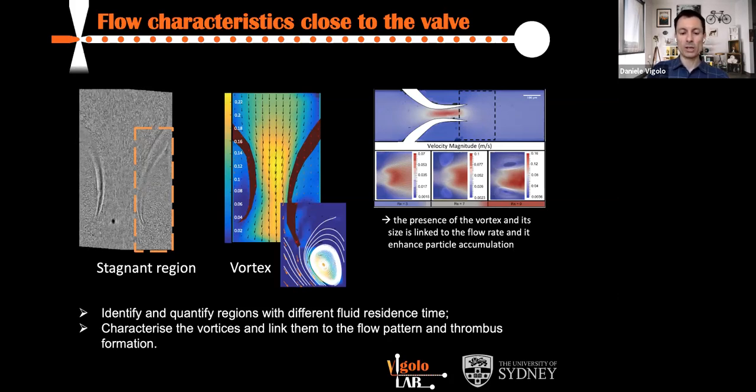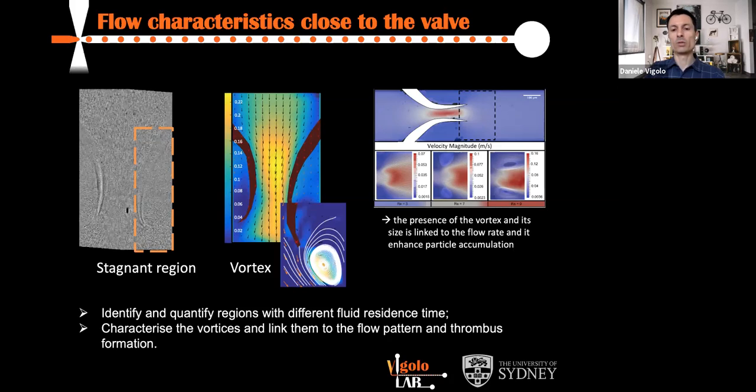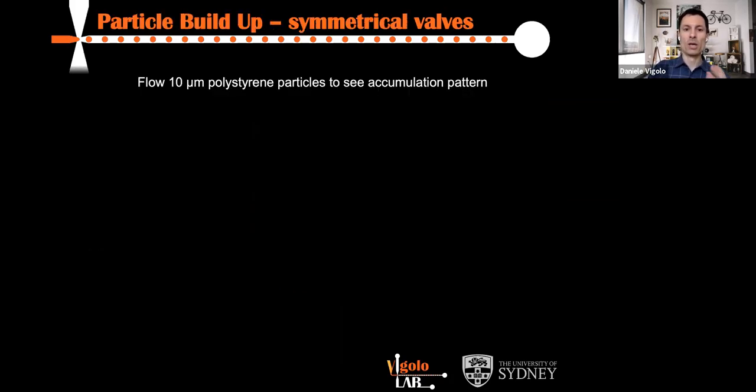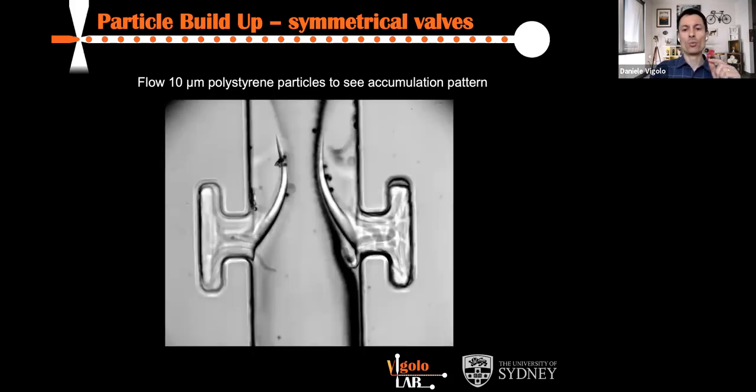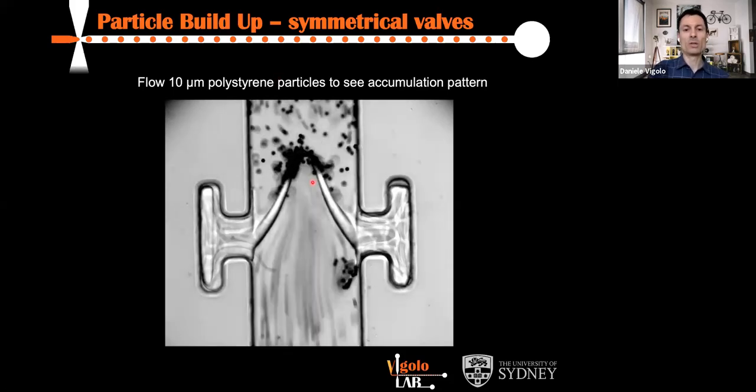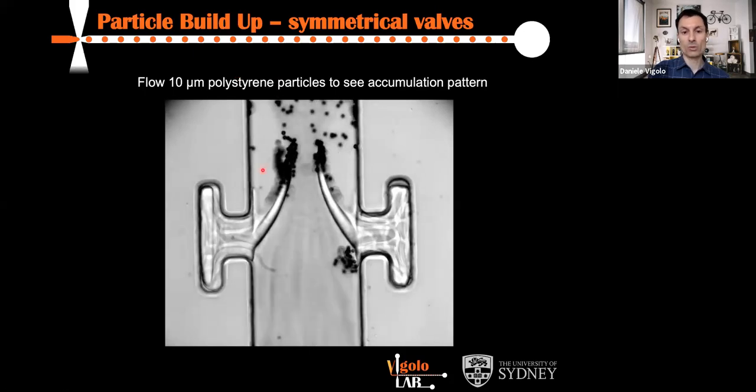Now, what is even more interesting is once we start to try to understand the formation of the thrombus itself. So in that case, what we've done is try to mimic the formation of a thrombus by flowing larger particles. In this case, it's a 10 micron particle in our device. And what we noticed is a couple of things. First of all, you can probably appreciate up here, you can see the vortices I was discussing before, and they are clearly visible there.